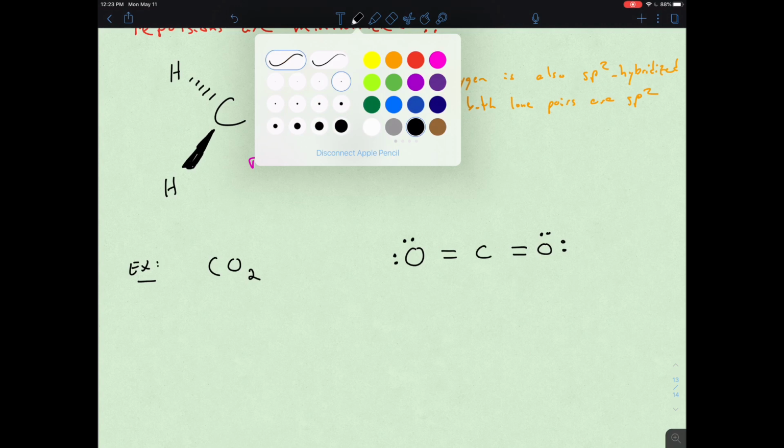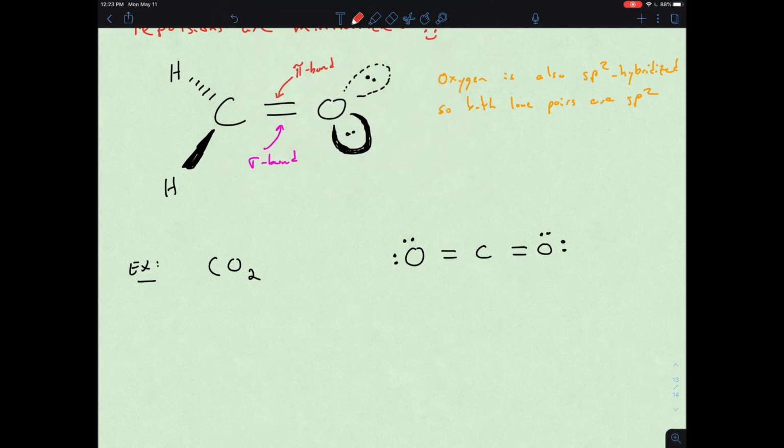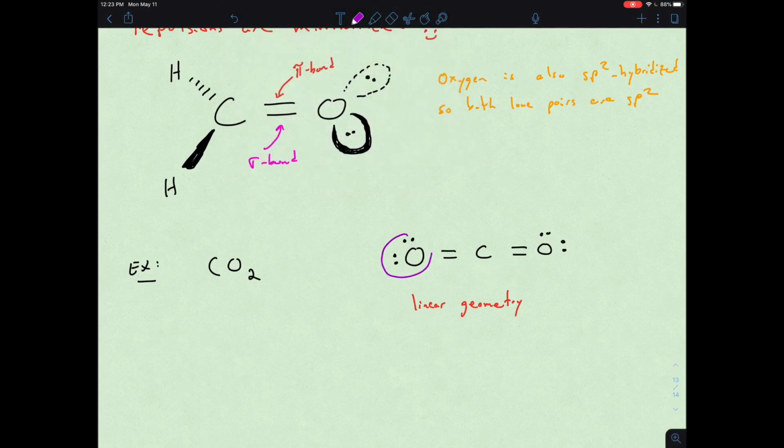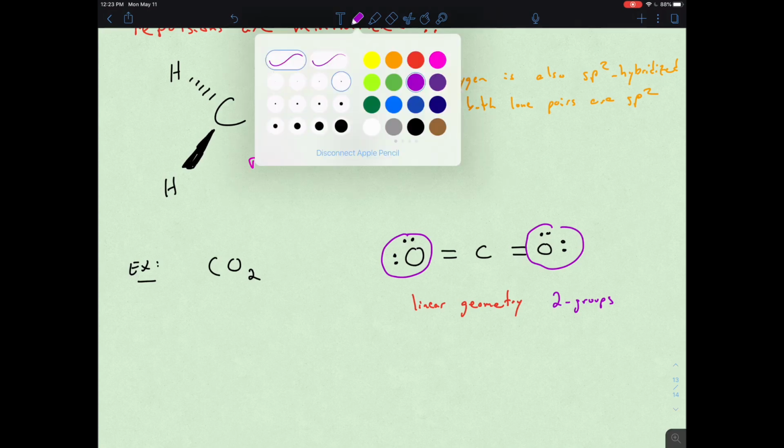We know that this would be a linear geometry. We have basically 2 groups around the carbon atom.